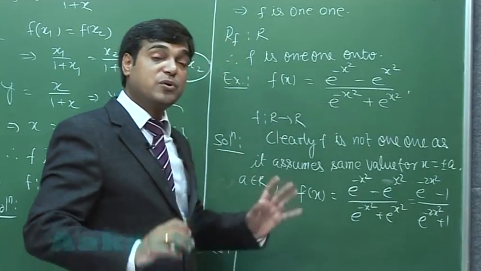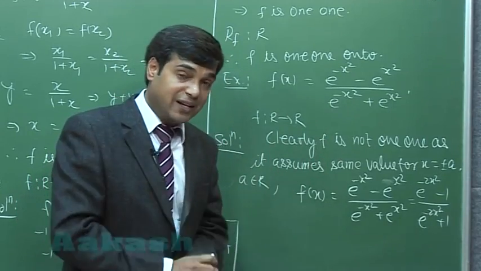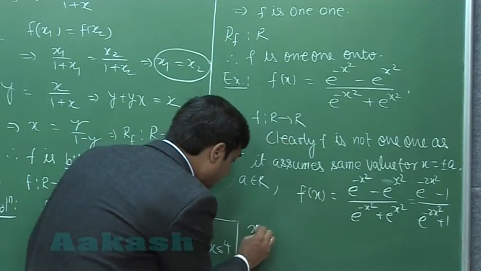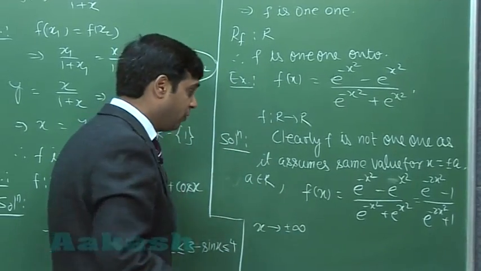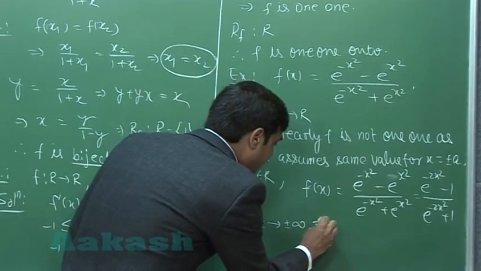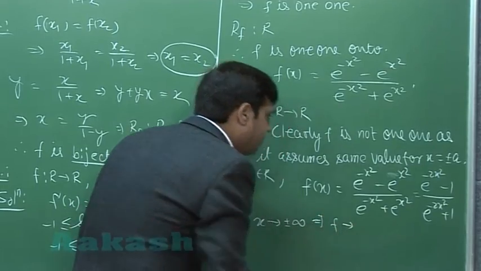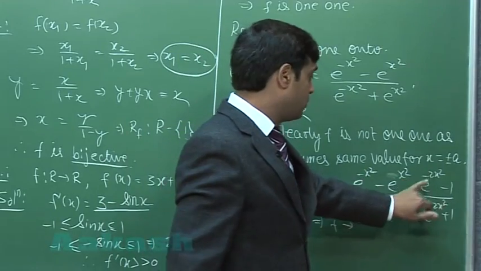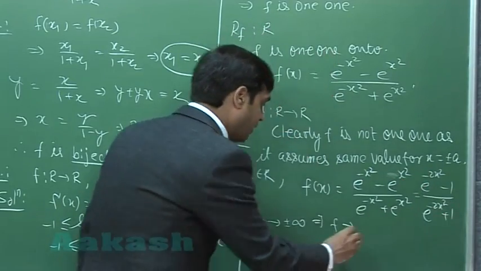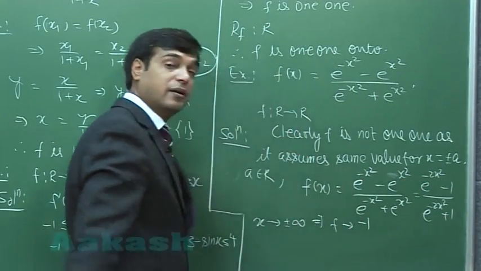As x approaches plus infinity or minus infinity, it will be going for the same value. f is going to take the value e to the power minus infinity goes to 0. So 0 minus 1 upon 0 plus 1, that is minus 1.